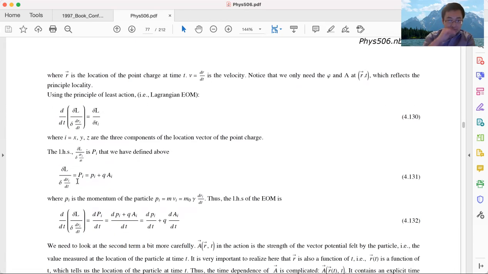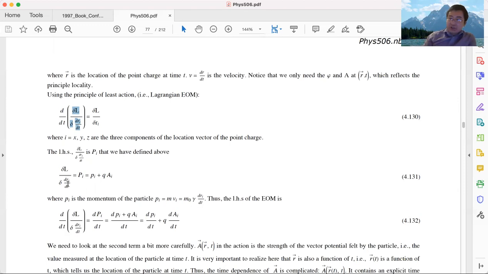Okay, so let's look at the equation of motion. First, let's start from the left-hand side, and look inside the time derivative. Inside the time derivative, we have the variation of the Lagrangian with respect to velocity.